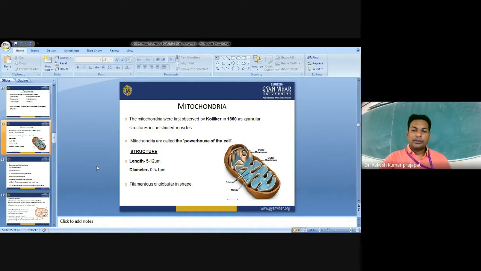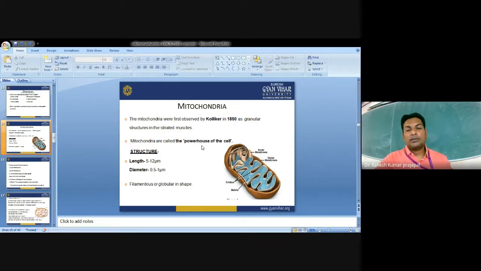You can see the structure of the mitochondria: the inner membrane is extended and forms invaginations, so they increase the surface area of the inner membrane, because most of the proteins and oxidative enzymes are found on this inner membrane. Mitochondria are known as the powerhouse of the cell.